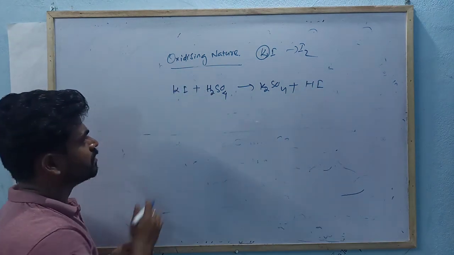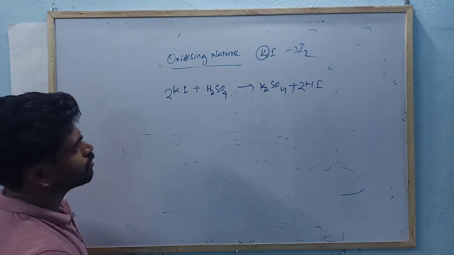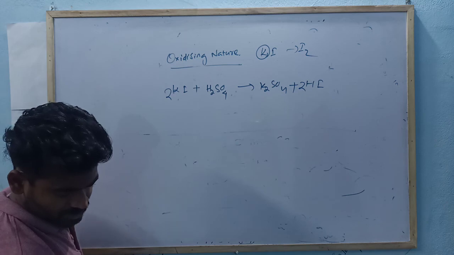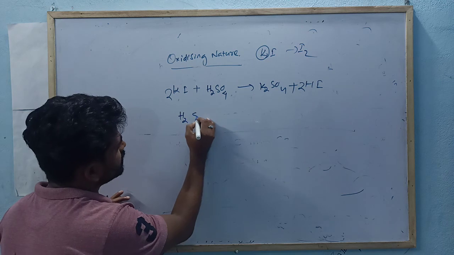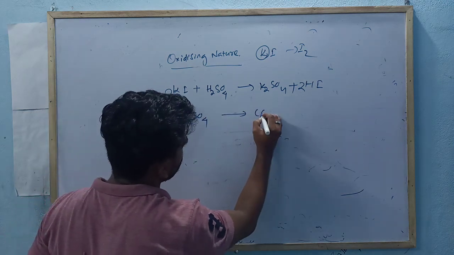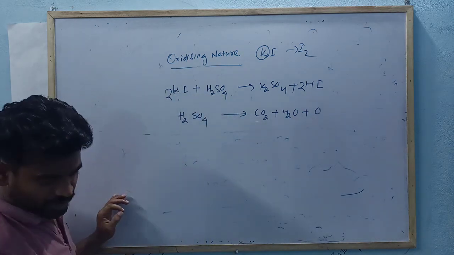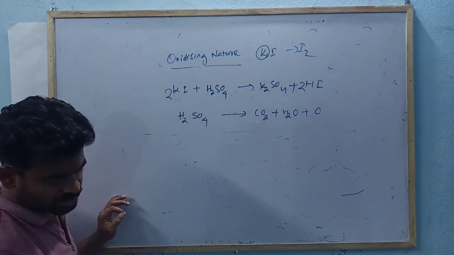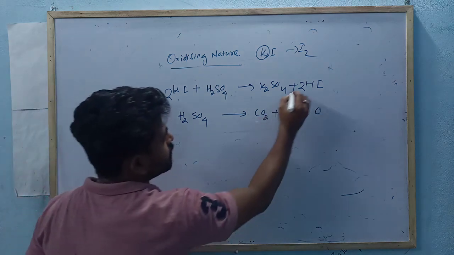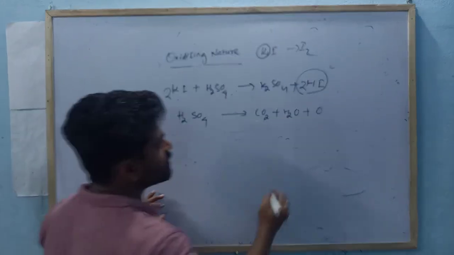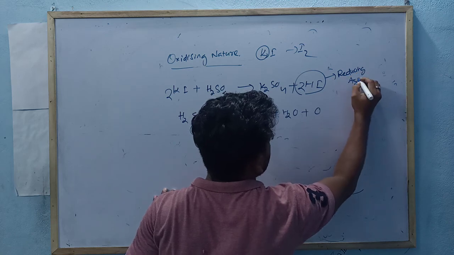First balance this equation, so here will be 2, and the equation is balanced. Next, the potential equation: H2SO4 giving rise to SO2, H2O plus nascent oxygen. The nascent oxygen will be taken up by HI. This byproduct HI, hydrogen iodide, is a reducing agent.